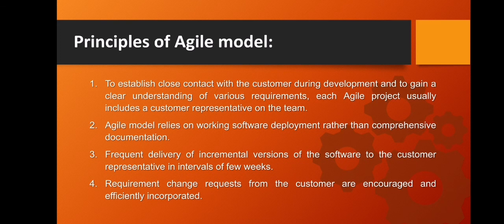Now, each agile project usually includes a customer representative on the team. At the end of each iteration, stakeholders and the customer representative review the progress made and reevaluate the requirements.